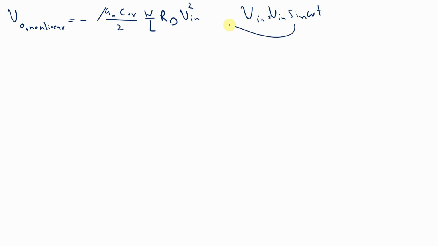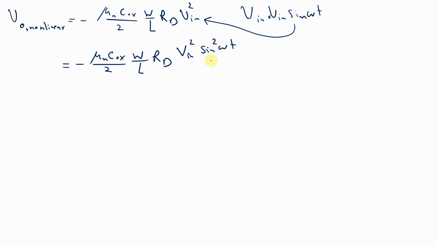Okay, here we have this term mu n C oxide divided by 2 W over L RD V in squared, and we have V in as just the amplitude of V in times sine omega t, and we're going to substitute this formula into this one. Okay, so here we have minus mu n C oxide divided by 2 W over L times RD. Now here we have V in to the power of 2 sine squared omega t.